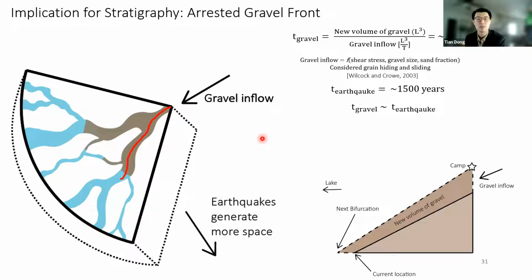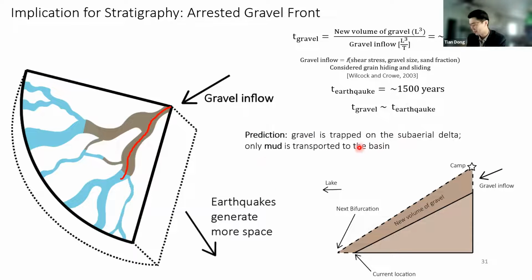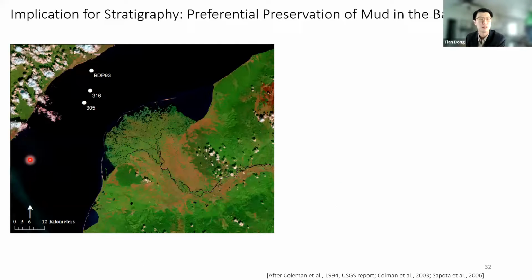So essentially gravel is trapped on the subaerial delta and only mud is transported to the basin. And to test this, we come back to the data from the USGS and Russian Academy of Science collaboration in the 90s, where they had several cores in the delta front.